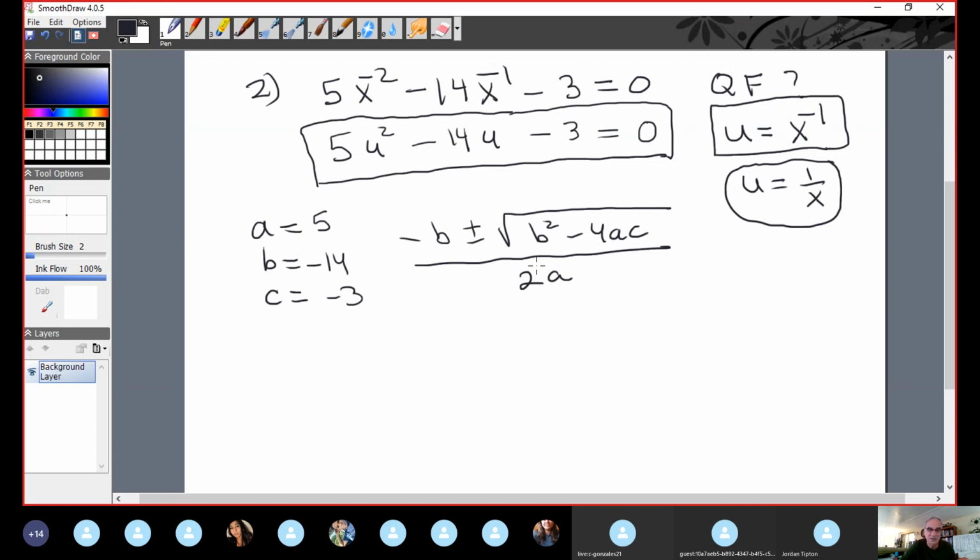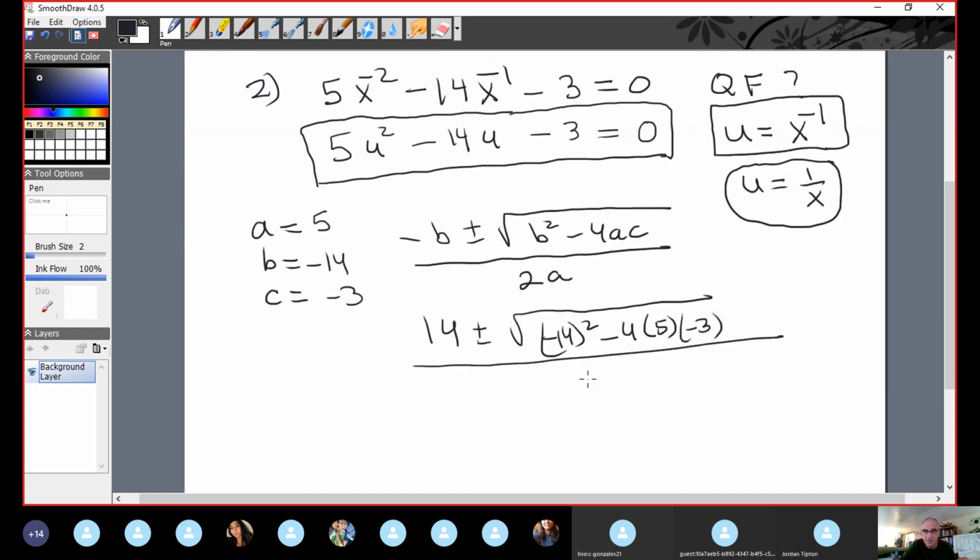In our specific example, B is negative 14, double negative becomes positive. Inside the radical, we have negative 14 squared minus 4 times 5 times negative 3. Divide everything by 2 times 5.